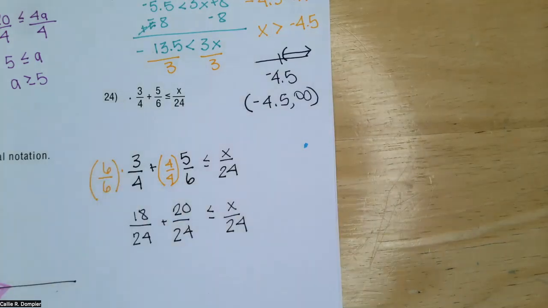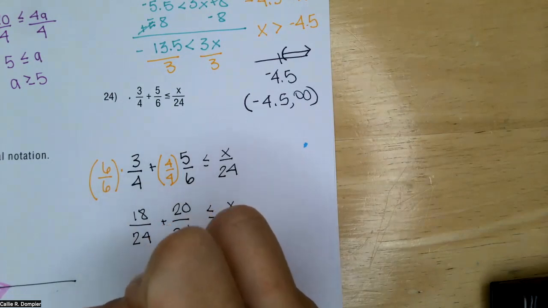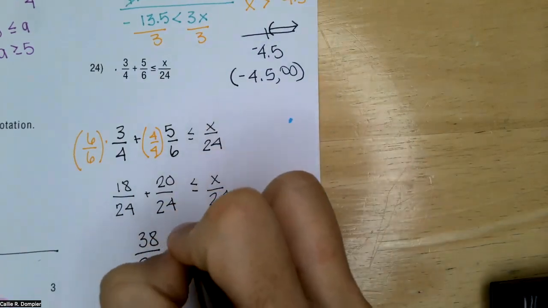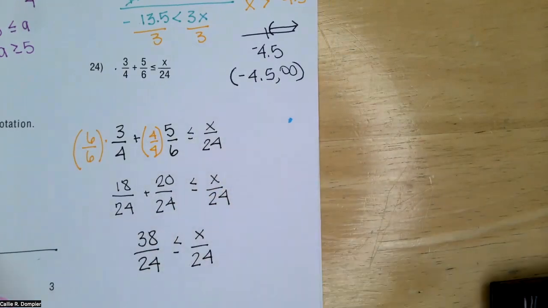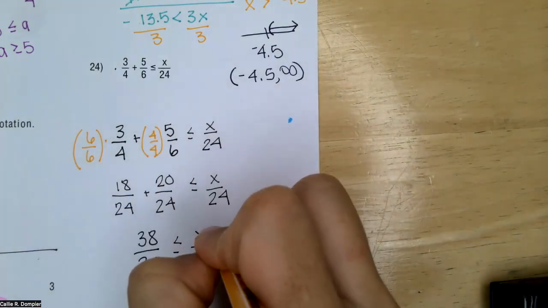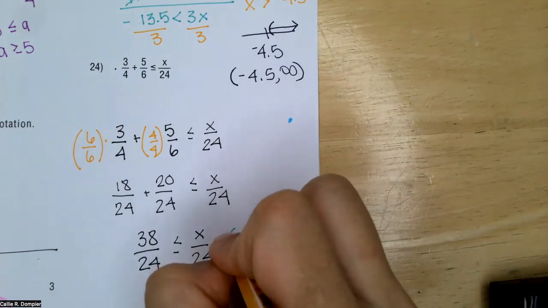This isn't the best way to do it. 38 over 24 is less than or equal to x over 24. X is now being divided by 24, so we're going to multiply it by 24 to get x alone.